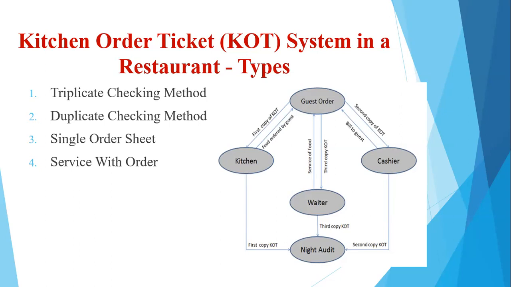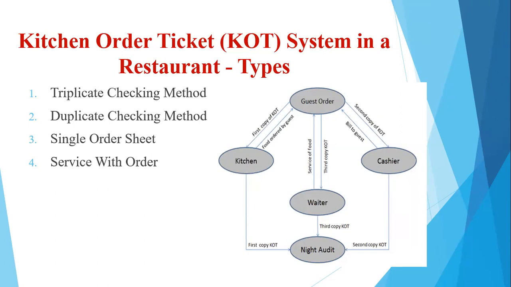While leaving the restaurant, the guest simply submits the bill to the cashier and pays the amount. The cashier will then retain the bill for control purpose. So a single order sheet gets converted into a bill, and the same bill is retained once the amount is paid for control purpose. So that is the single order sheet.